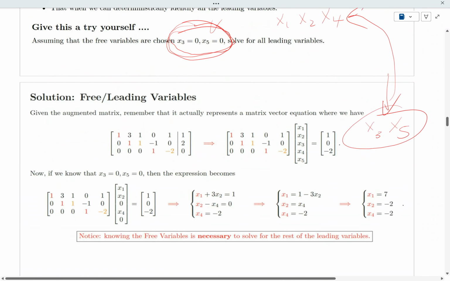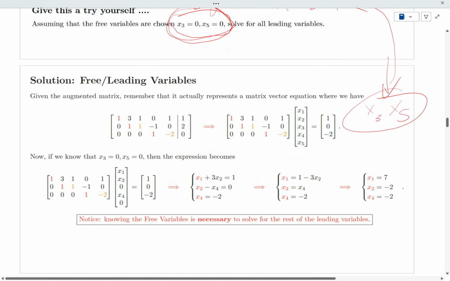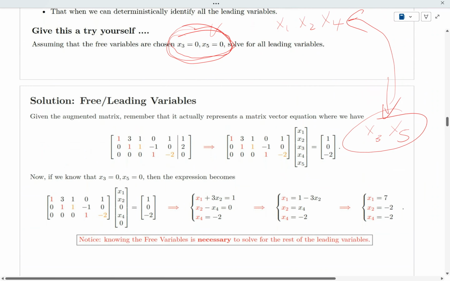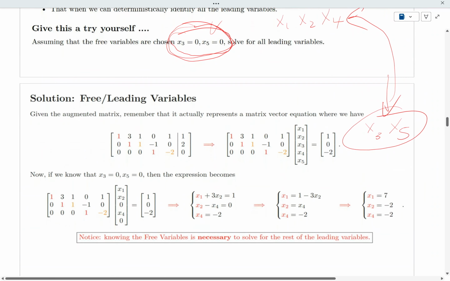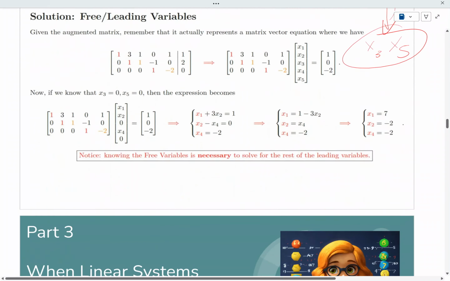That's the general idea, and we're going to build on top of this. Take a moment to think about free and leading variables. The reason we need to separate them is that we need to know which variables we must know ahead of time in order to solve the leading variables.